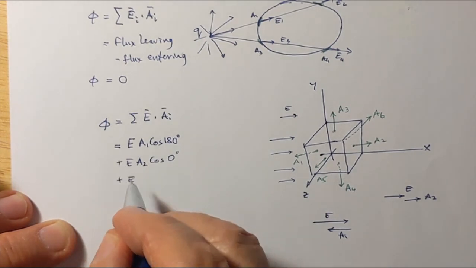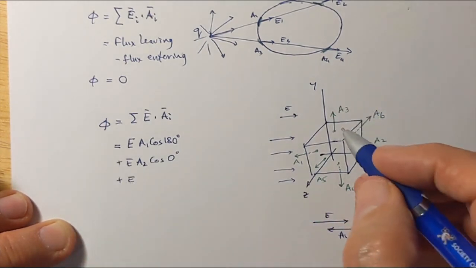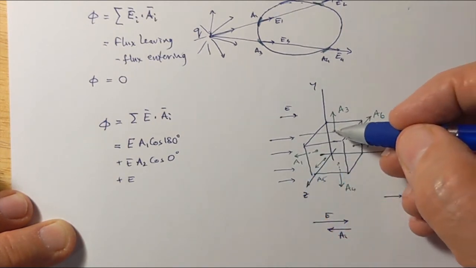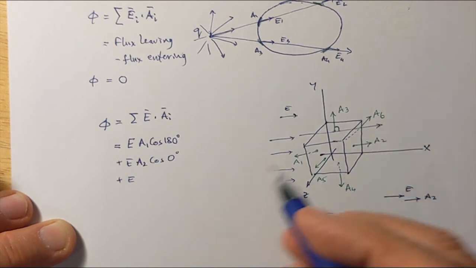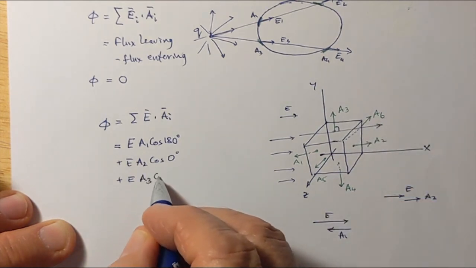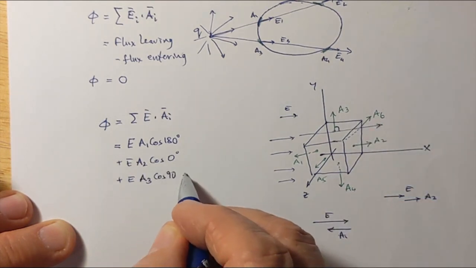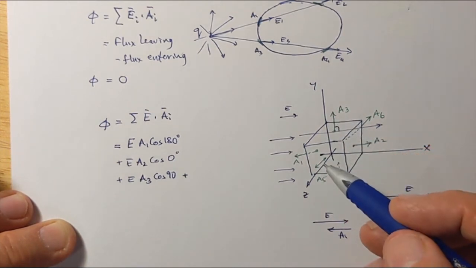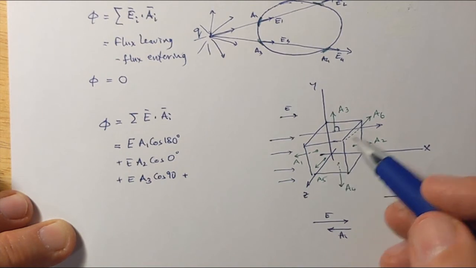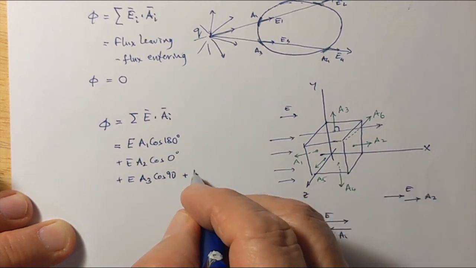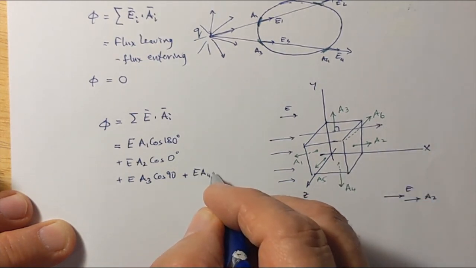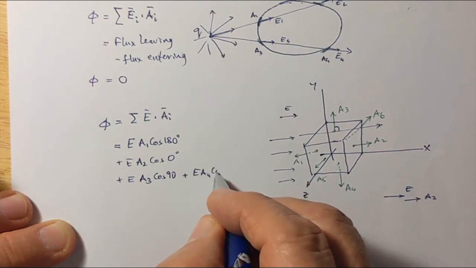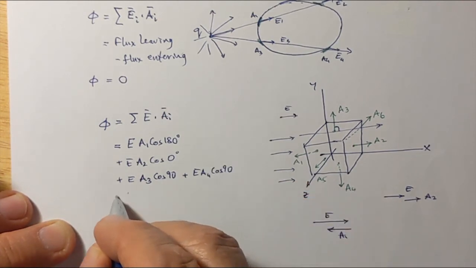And then we take the other one, E A3. So the E is like this and A3 is perpendicular, angle is 90 degrees. And we can see that it's going to be 90 degrees for A4, A5, and A6. A4, A5, and A6 would all have cosine of 90 degrees.